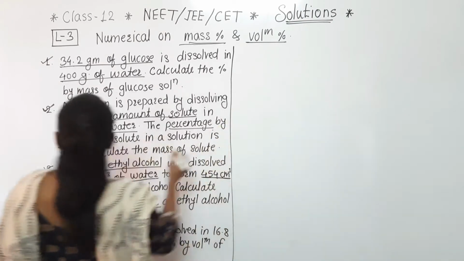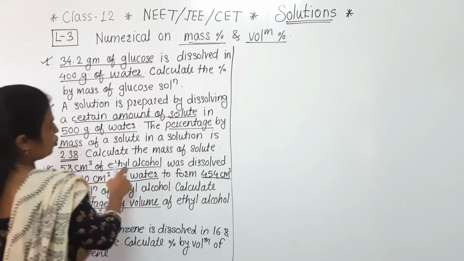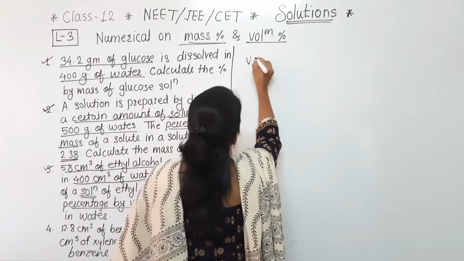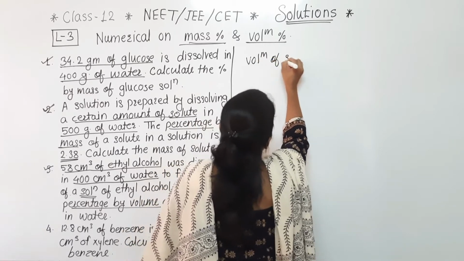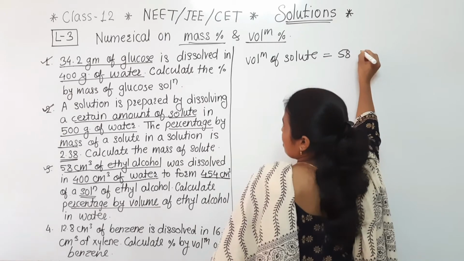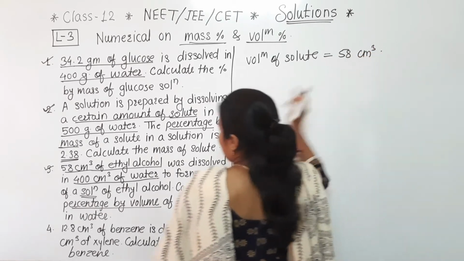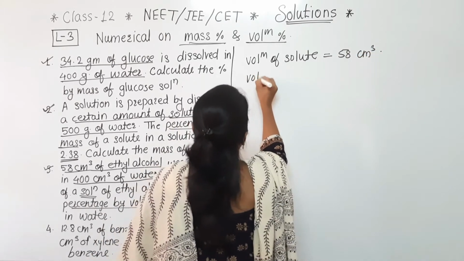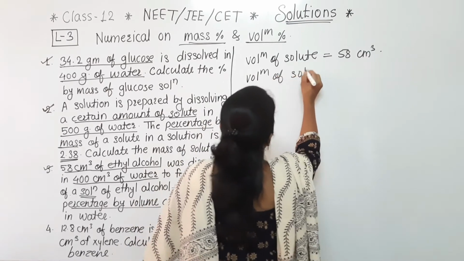In that numerical, 58 centimeter cube of ethyl alcohol means volume of solute. Volume of solute is 58 centimeter cube, that is given. Next one is that volume of solvent is also given.